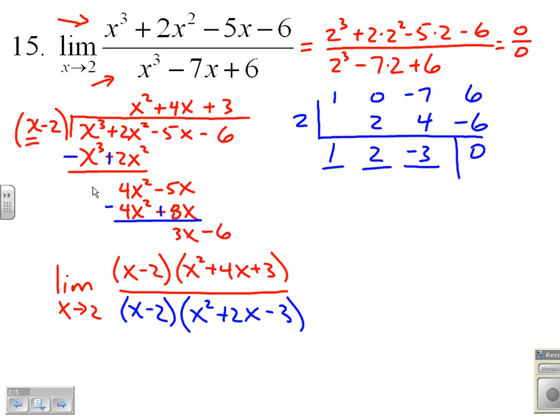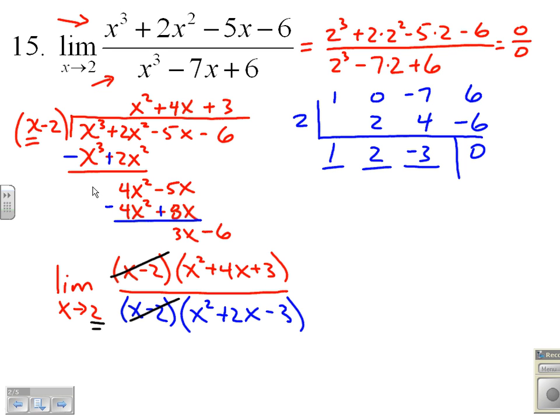And at that point, I can cancel the x minus 2's, which gives 2 a chance that maybe it's not going to produce 0 on 0 as we substitute it in directly now. Now, if it did produce 0 on 0, then we could further divide this down. We could further factor this. You may notice we can further factor the quadratics that are left here perhaps, but I don't think it's going to be necessary.